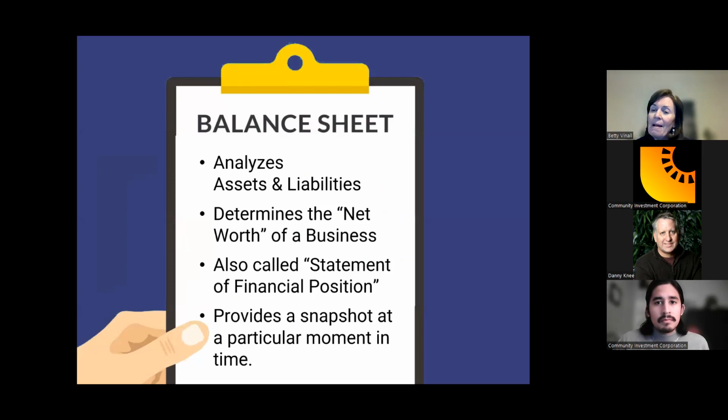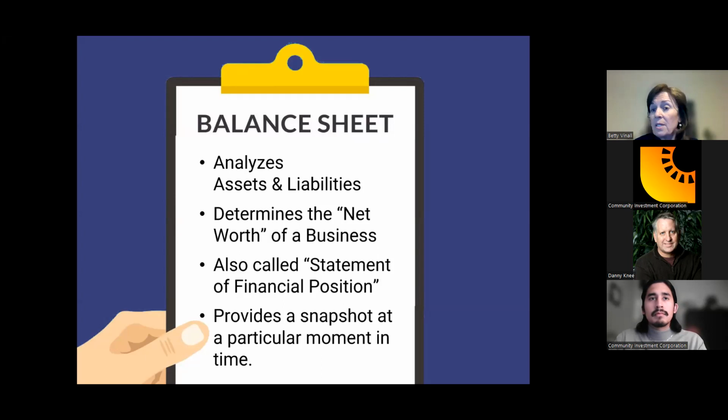So a balance sheet in general analyzes your assets and liabilities in your company. It determines your net worth. It's also called a statement of financial position, and it provides a snapshot at a particular moment in time. We'll talk about this a little bit more as we go on, but one of the differences between the profit and loss statement and the balance sheet is the balance sheet is literally that moment in time.